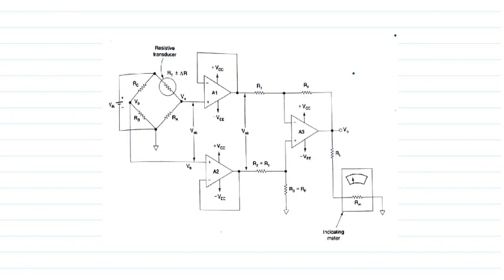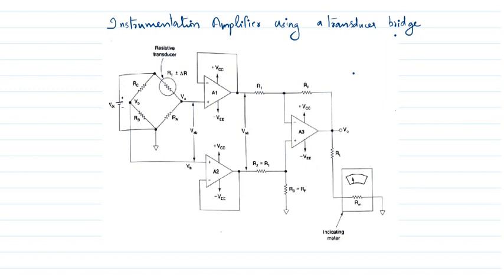using a transducer bridge. Here you can see this portion is the transducer bridge, where four resistances are given: RA, RB, RC and RT.